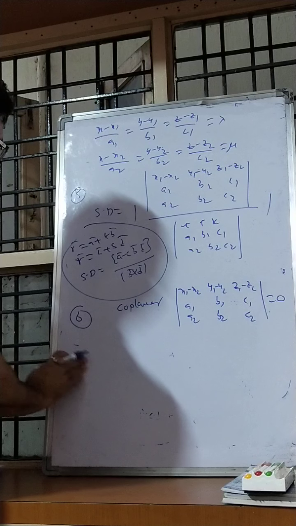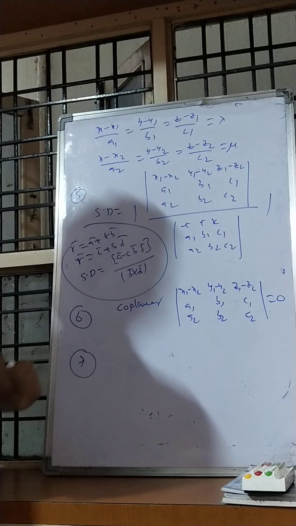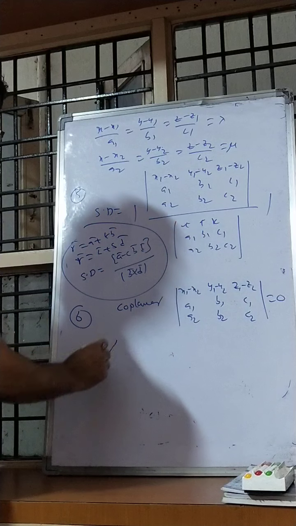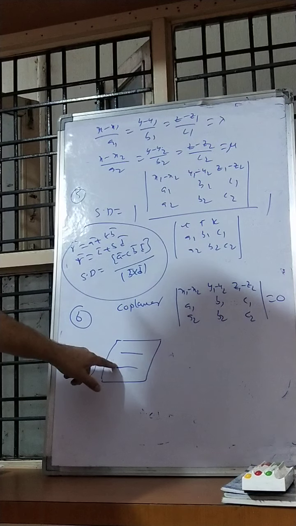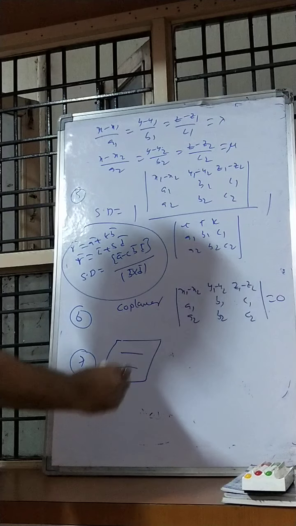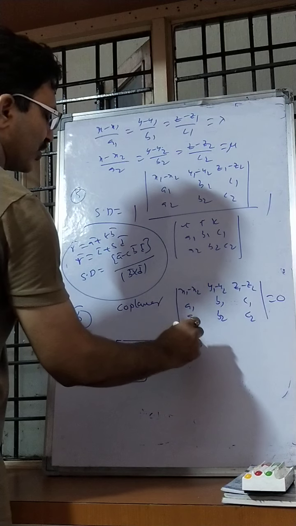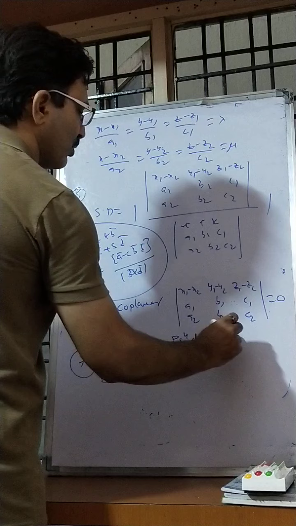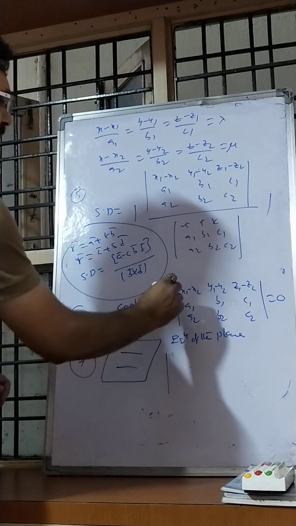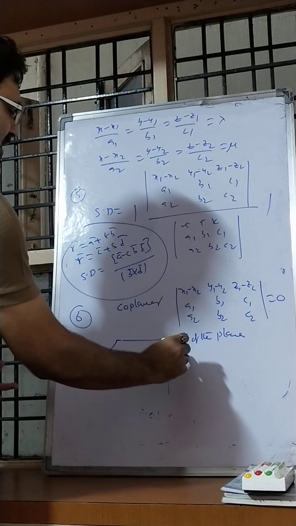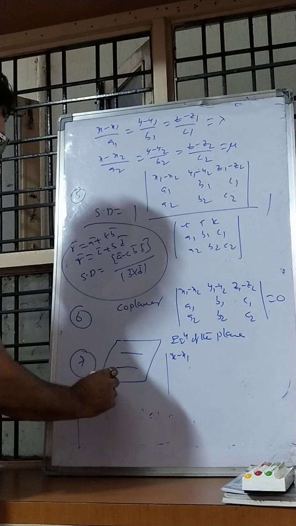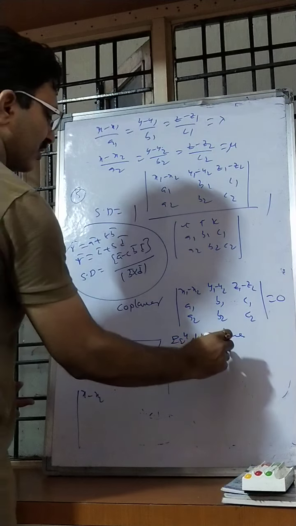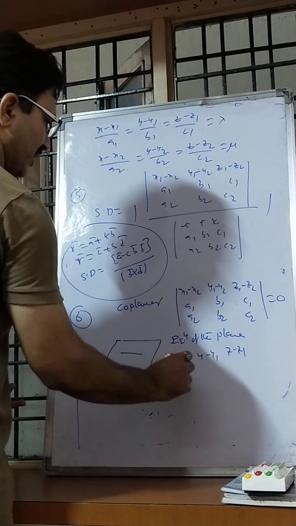Now the seventh point: if these two lines lie in a plane, what is the equation of the plane? They may ask you like this. For the equation of the plane, remember, you can write x minus x1, y minus y1, z minus z1, or you can write x minus x2, y minus y2, z minus z2, and you will get the same answer.